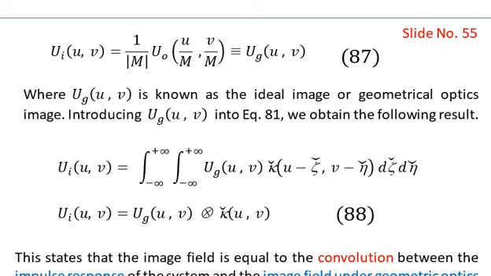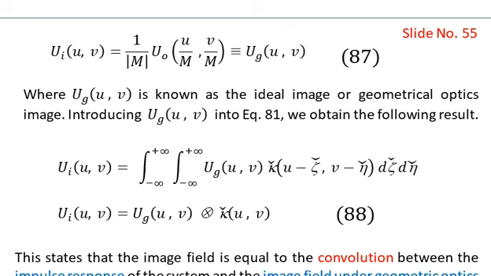The symbolic form of this integral is given in the second step of equation number 88. In symbolic form we can write that u_i, the field at the imaging plane, is equal to u_g convolved with kappa. This is in the form of a convolution, because the above integral is the convolution integral between u_g and kappa-hat. So this is what we have written in equation number 88.